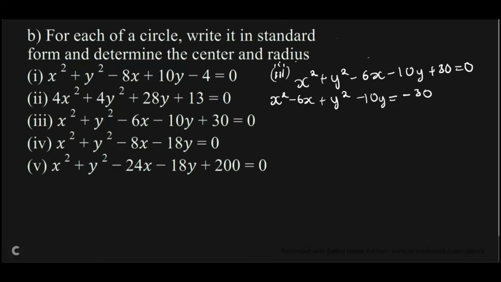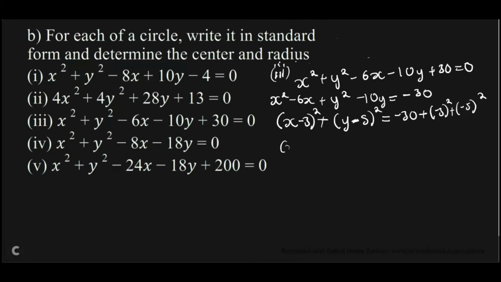Then the next step is you do this: x, the half of negative 6 is negative 3 squared, then y, the half of negative 10 is negative 5, right? Equal to negative 30, plus the half of 6, negative 3 squared, and the half of negative 10, negative 5 squared.